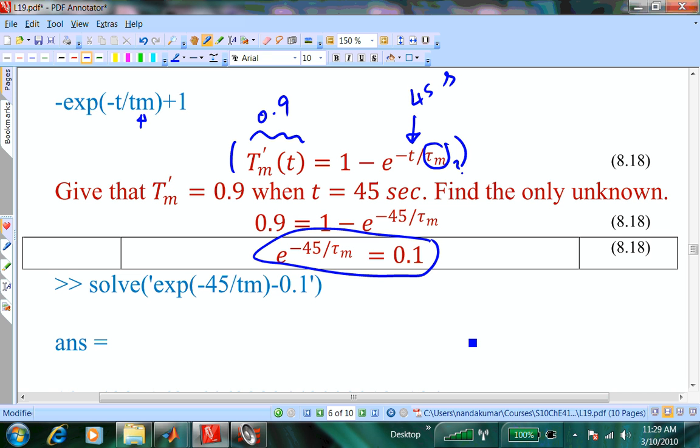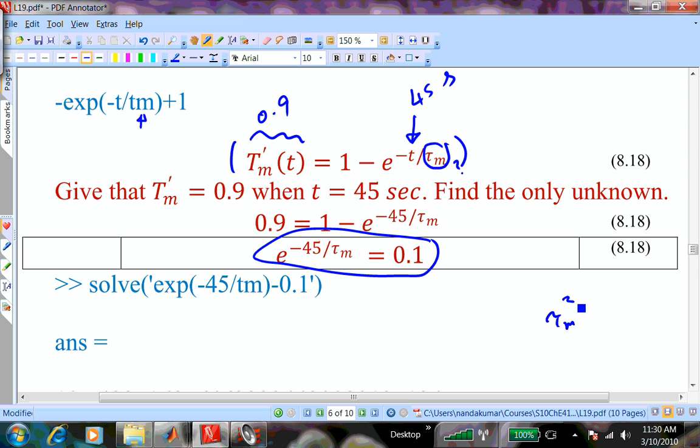Roots always works on a polynomial expression, finding all the roots of a polynomial equation. If it were something like Tm cubed plus 5Tm squared, etc., equal to 0, then you can use roots, with the coefficients as input. But there is fsolve. For fsolve, you need to write this as a function and input the function. Whereas solve simply takes the expression and solves it symbolically.